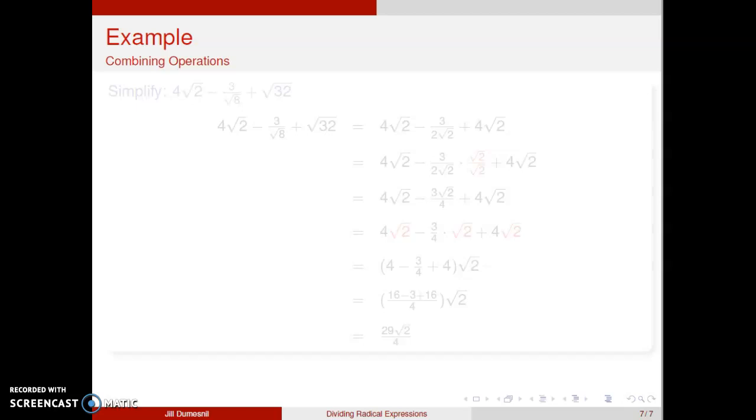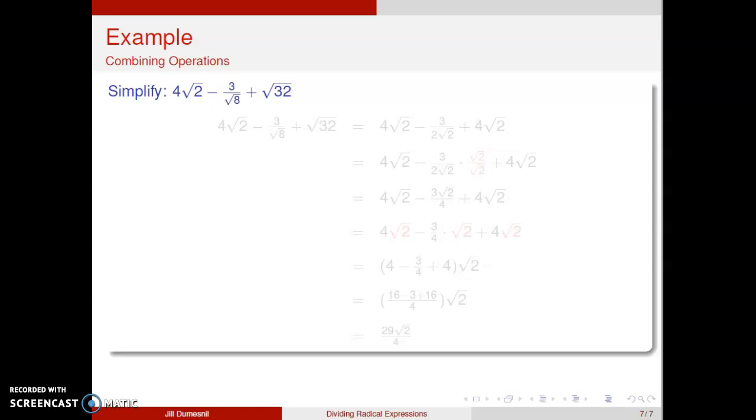Let's look at one final example in which we have several operations involved. Simplify 4 root 2 minus 3 over root 8 plus root 32. There are a couple of issues facing us in this problem. We want to add radicals, so we will need like radicals, but we also have unsimplified radicals.